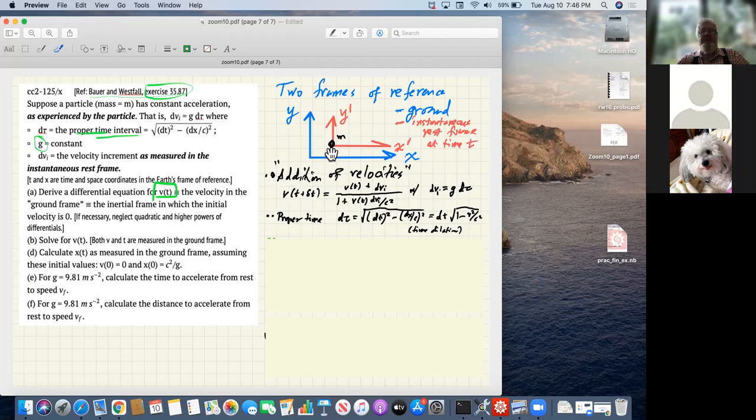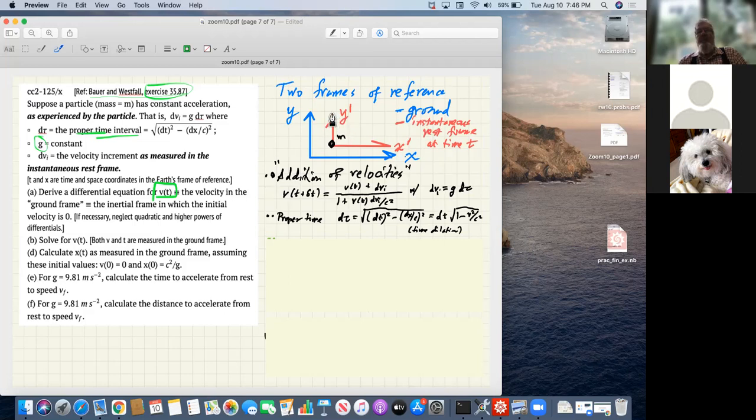So let's see if we have a picture here. Yeah, here's a picture. Again, there are two frames of reference at any time t, but in fact, there are an infinite number of frames of reference as the particle accelerates down the x-axis. Here is the Earth frame of reference, or the ground frame of reference is what Bauer and Westphal call it. There's a coordinate x in the direction of the motion, and there's a perpendicular coordinate y. There's also a perpendicular coordinate z, but I can't draw the third direction.